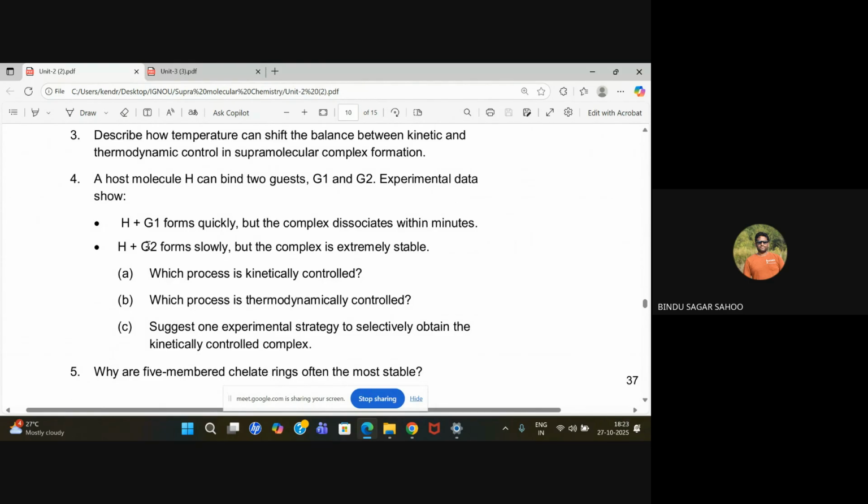Can anyone say which one will be the kinetic product and which will be the thermodynamic product? Anyone?